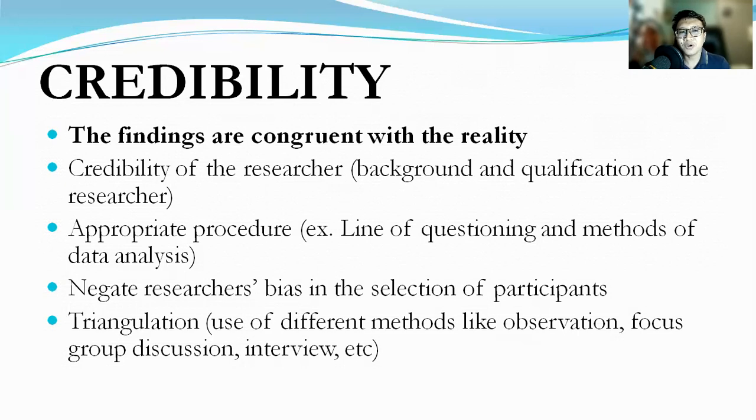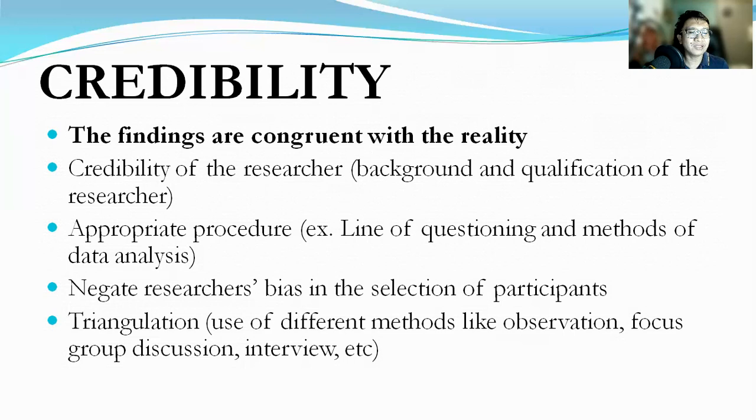Although qualitative research is qualitative in nature and frees itself from the touch of quantitative analysis, we can still conduct random sampling just to ensure that we are not biased in the selection of participants.